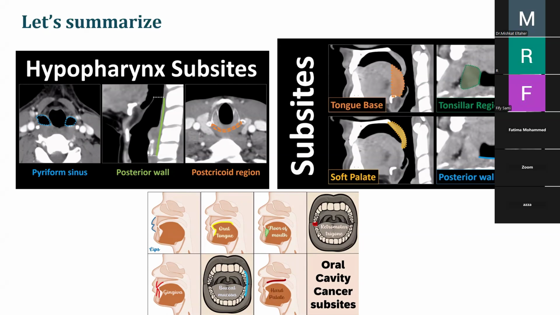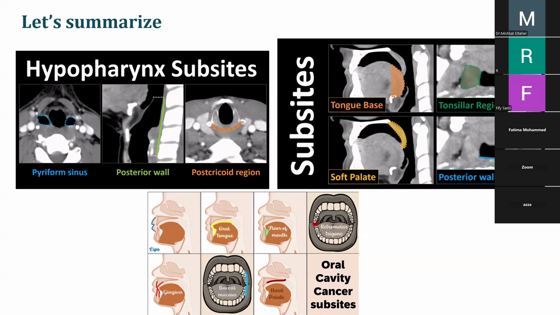For example, the subsites of the hypopharynx. The piriform sinus as a subsite is the most common hypopharyngeal cancer site, with early spread to the paraglottic space and levels 2 to 4 cervical lymph nodes. This is characteristic for that subsite.